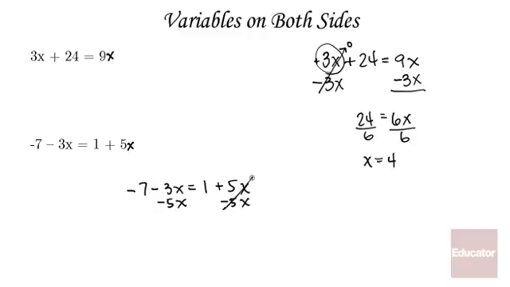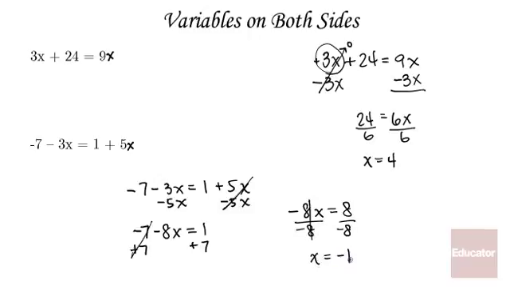So 5x minus 5x becomes 0, and on the left side I have negative 7 minus 8x equals 1. And now I'm going to move my negative 7 over to the right side to combine all the numbers, and the opposite of minus 7 is to add 7. So now I have negative 8x equals 8. And now lastly I'm going to divide by negative 8. And x equals negative 1.